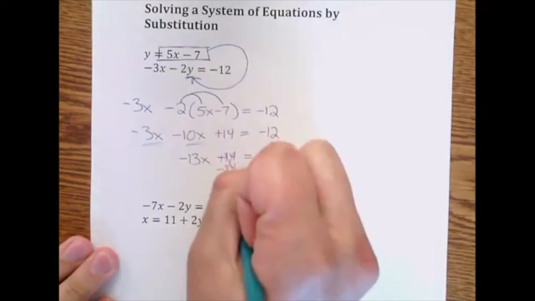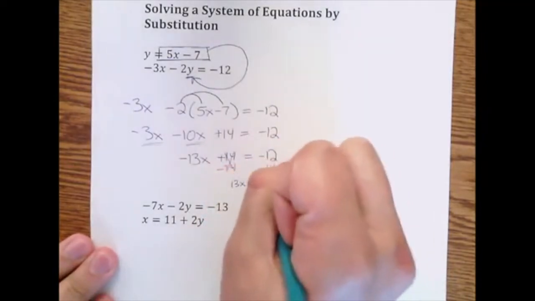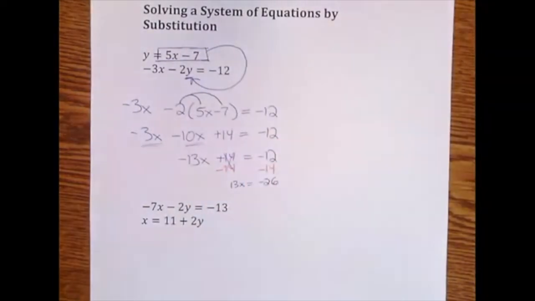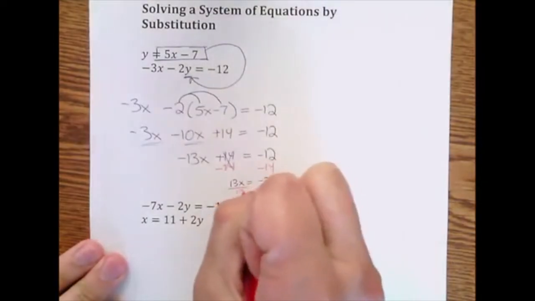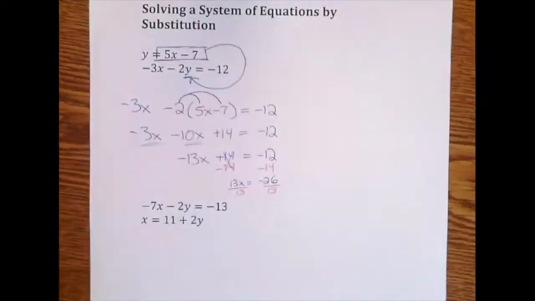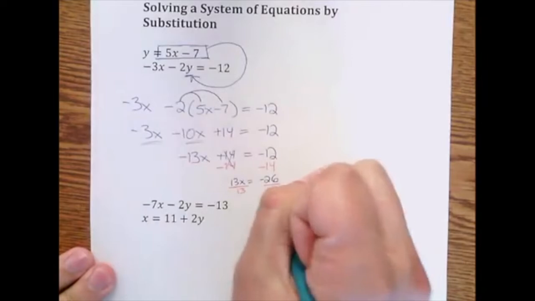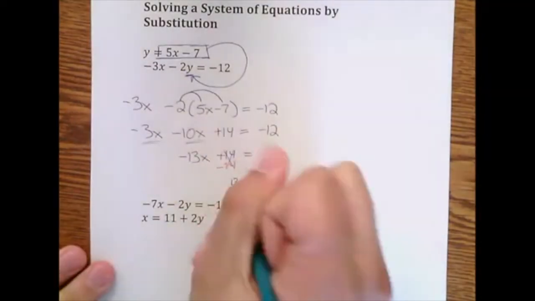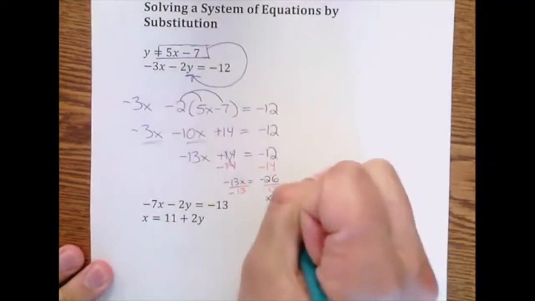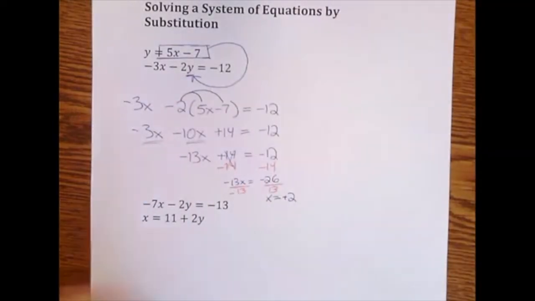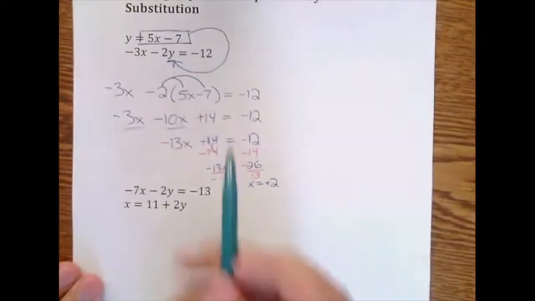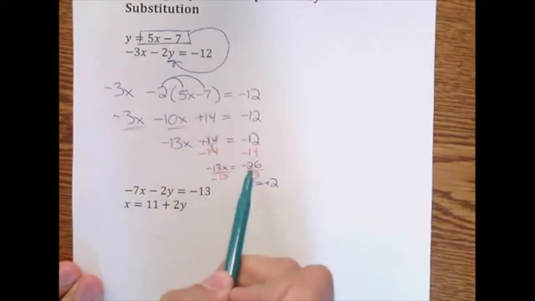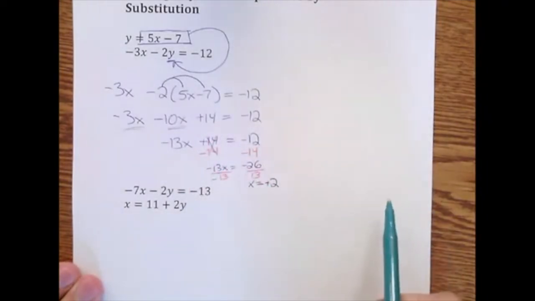That should leave you with 13x equals negative 26. And running out of room here, but you're going to divide by 13, divide by 13, and we get x equals, there should be a negative there, negative 13. X equals positive 2. Forgot my negatives there. So solving here, pretty simple, we get x equals 2.